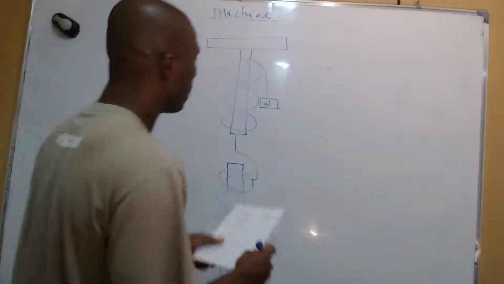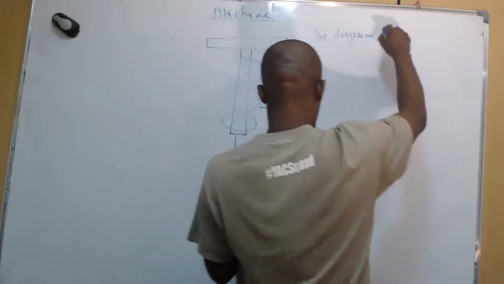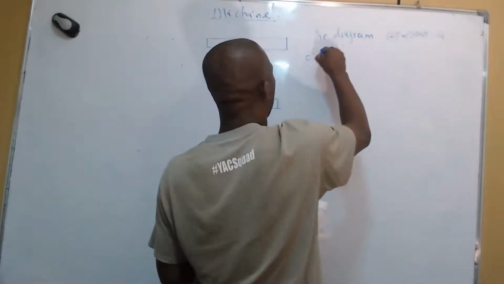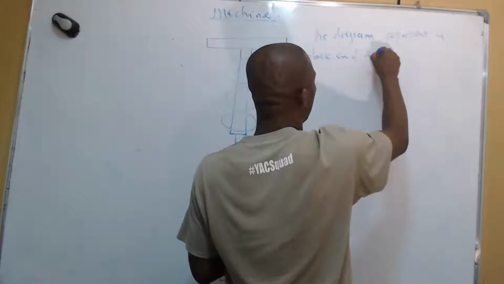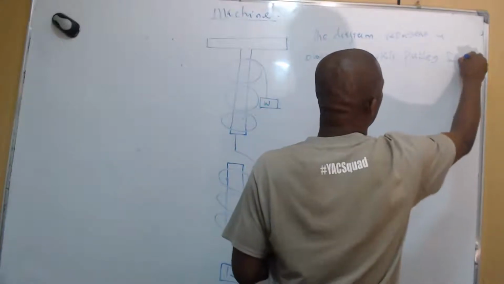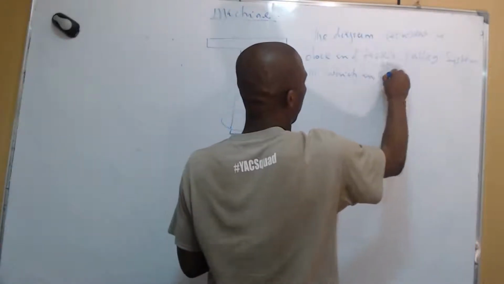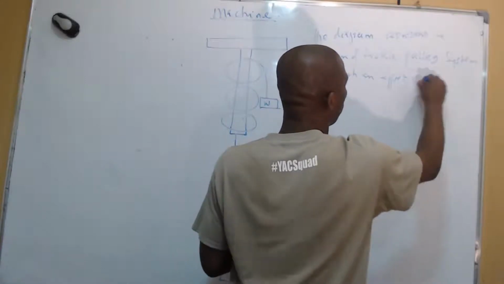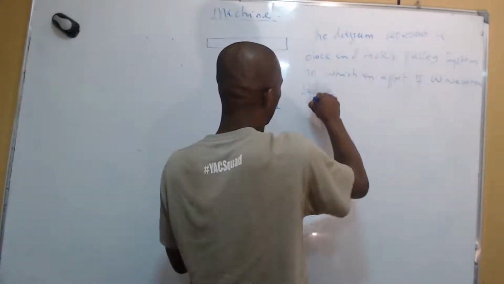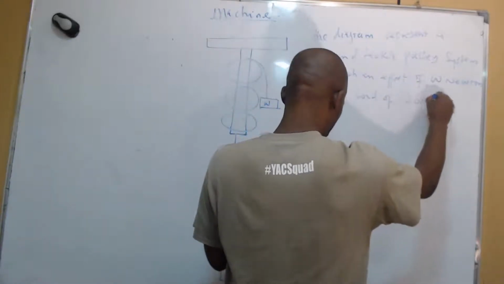Now, the diagram represents a block and tackle pulley system on which an effort of W Newton supports a load of 120 Newton.